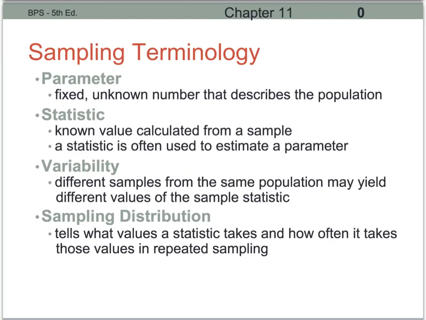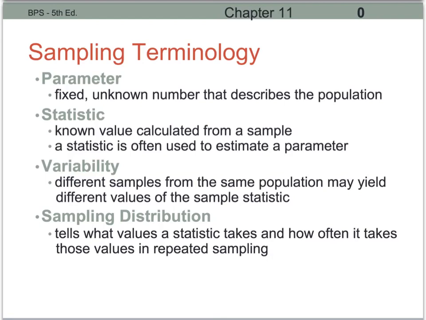Mean and standard deviation are the parameters that we most often deal with. And a statistic is a known value that's calculated from a sample, and it's often used to estimate a parameter.